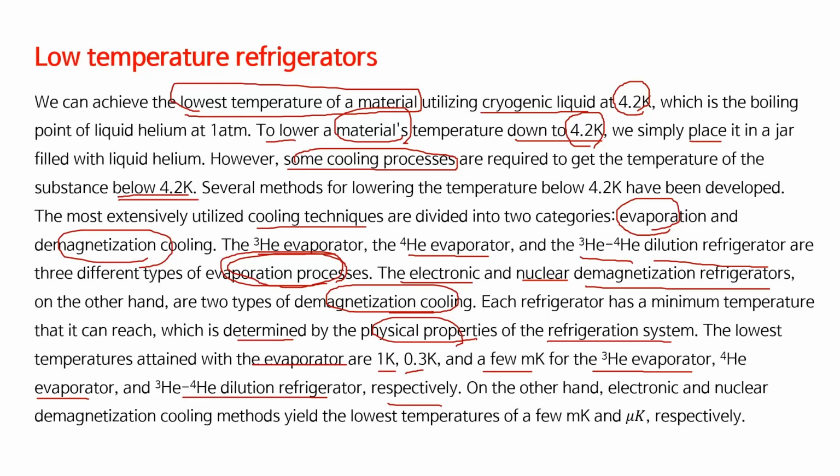On the other hand, electronic and nuclear demagnetization cooling methods yield lowest temperatures of a few millikelvin and microkelvin, respectively.